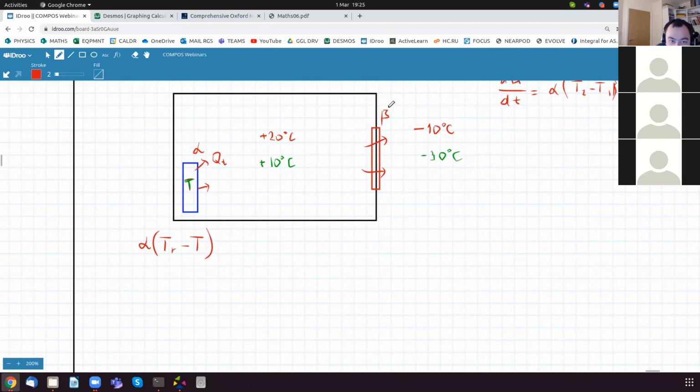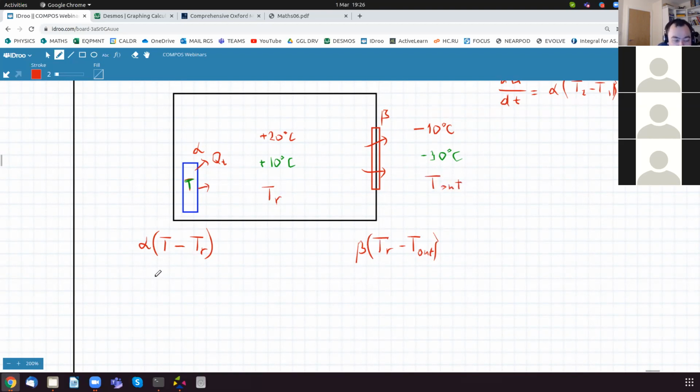And the rate at which the window loses energy is beta multiplied by T of the room minus temperature of the outside. Sorry, here, of course, it's going to be temperature of the radiator minus temperature of the room.